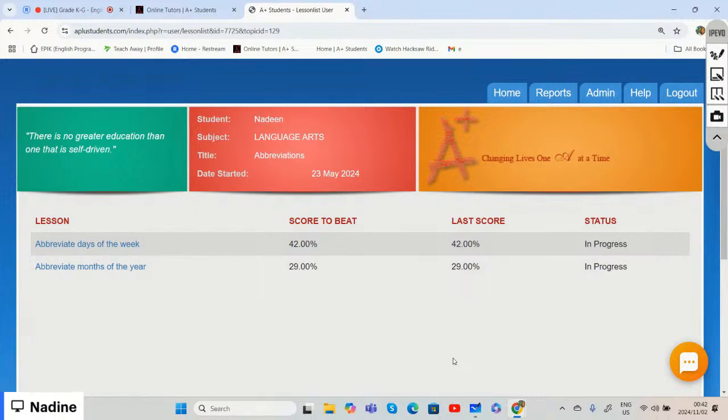So, as much as we only focus on the days of the week and the months of the year, we also do have other abbreviations. We even abbreviate titles: Mr., Miss, Mrs. Those are things that we abbreviate instead of writing the full word down.